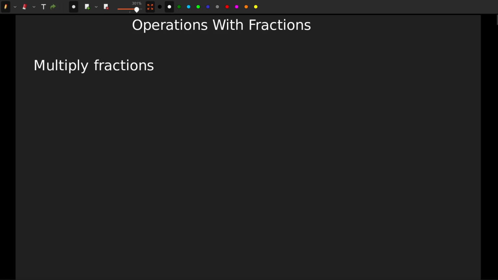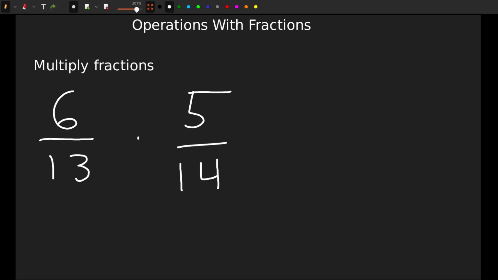If I have my example here, I'll have 6 over 13 times 5 over 14. Now, when we have multiplication of fractions, we multiply the numerator with the numerator and the denominator with the denominator.